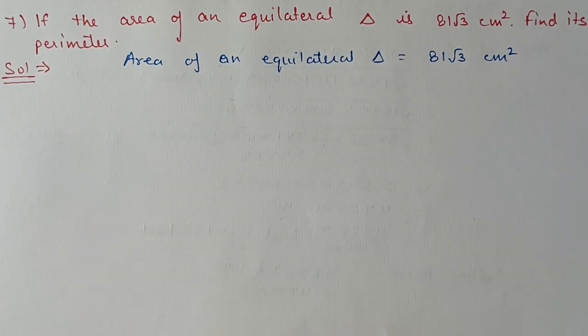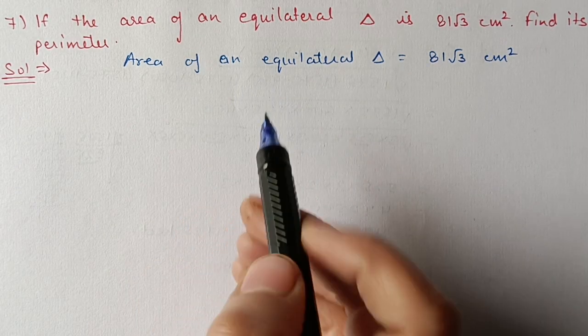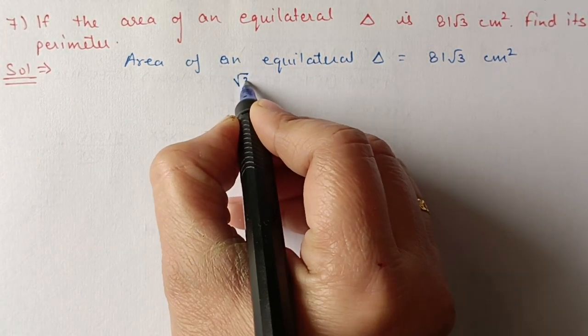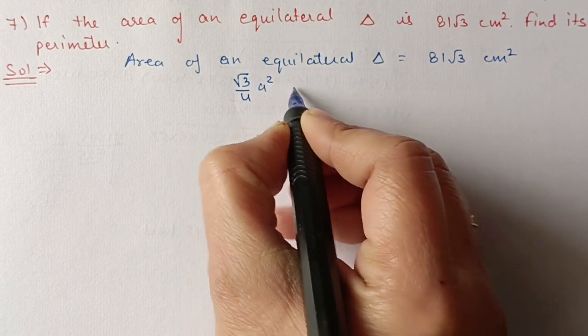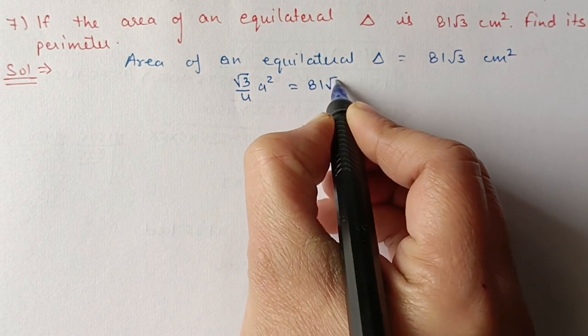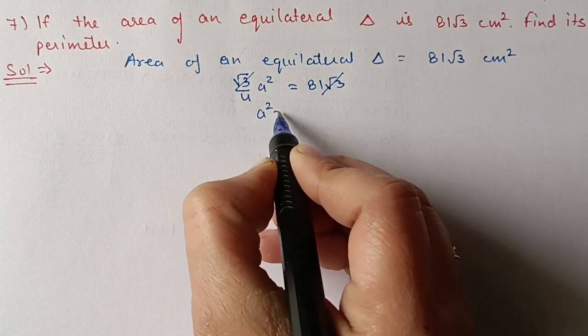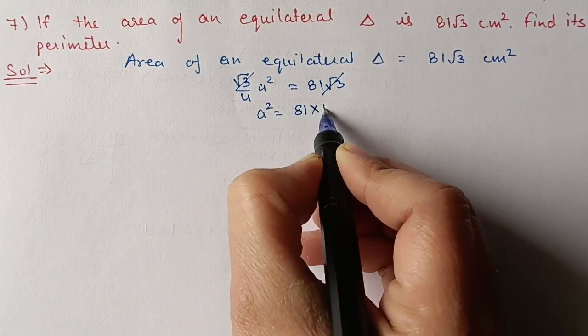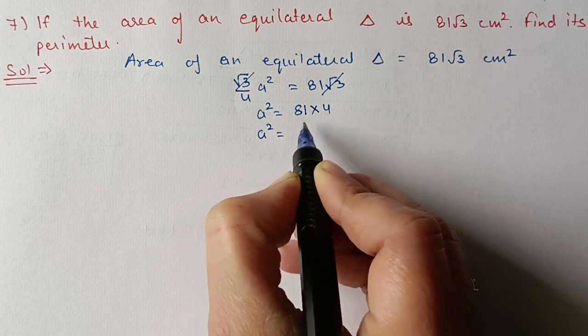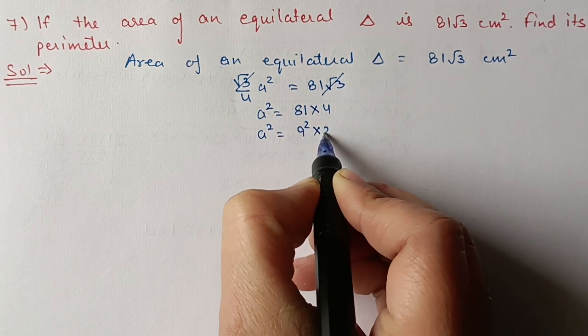Next question number 7. If the area of an equilateral triangle is 81 root 3 centimeter square, find its perimeter. So area of an equilateral triangle formula is root 3 by 4 a square, which is equal to 81 root 3. So root 3 from both sides you can cancel out. A square is equal to 81 into 4. 81 is the square of 9 and 4 is the square of 2.